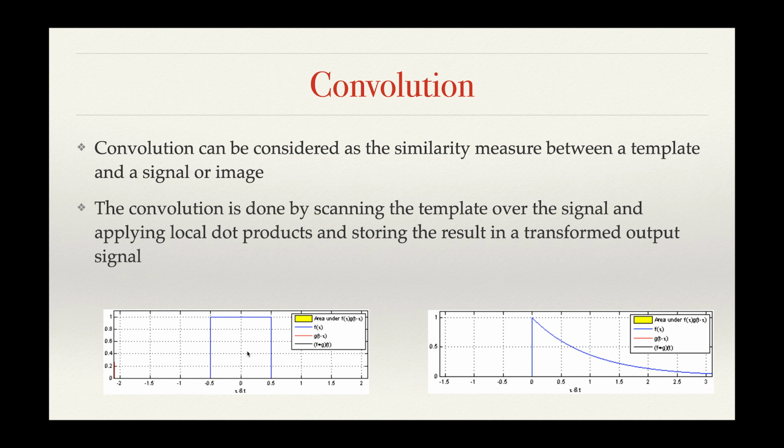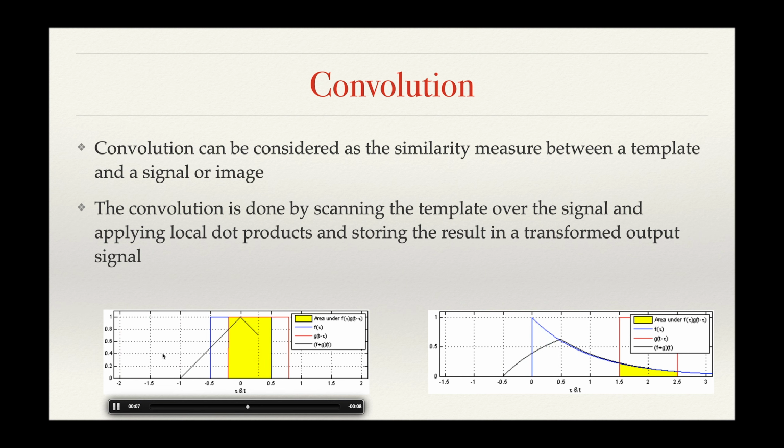So, as I said, we have seen in the similarity measure part, in convolution, we have the template, which is red, and this template is scanned or passed along a signal, which is here in blue. Where we have a match between the feature or the template and the signal, it's also called template matching, we would get a high intensity value in the feature map.